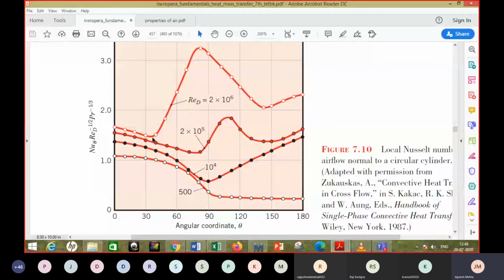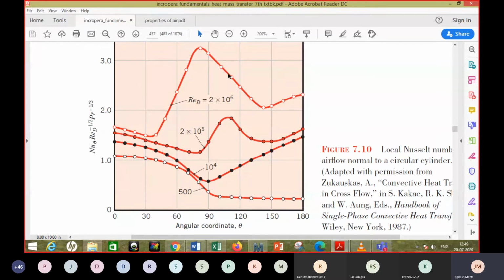So what you see is that because the Reynolds number is high, initially the value keeps on decreasing, but then there is transition from laminar to turbulent flow, and because of that there is a sharp increase in the value of Nusselt number or heat transfer coefficient, but then it again starts decreasing. As we had seen in case of a flat plate, there is onset of the viscous sublayer even inside the turbulent flow.